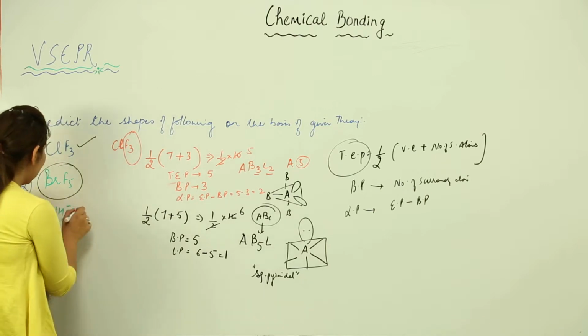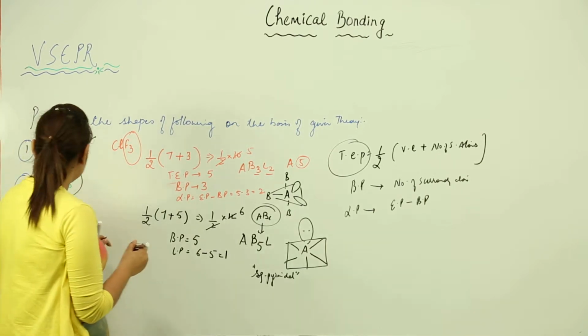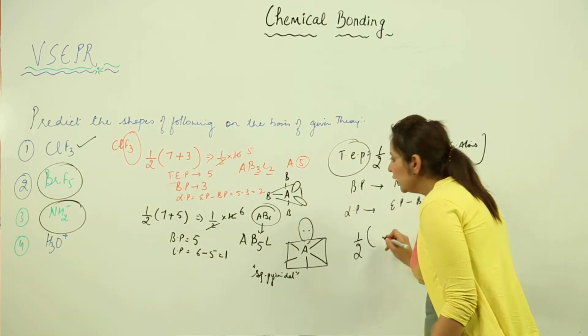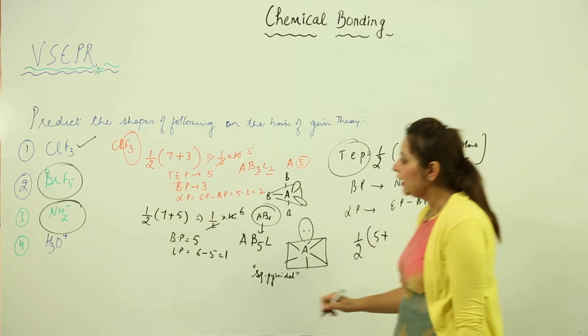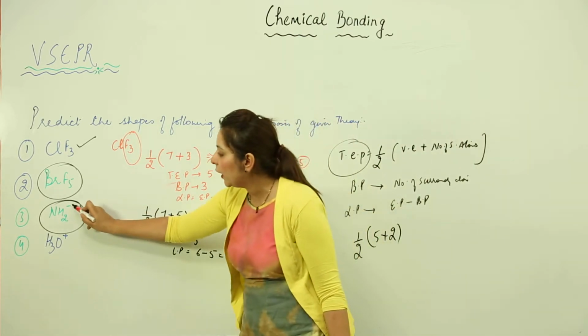So likewise, now I have the NH2 negative. Here again I am going to apply the same formula, that is half into valence electrons of nitrogen, that is 5, surrounding atoms 2 hydrogens, 2, and what you can see here is one negative sign.